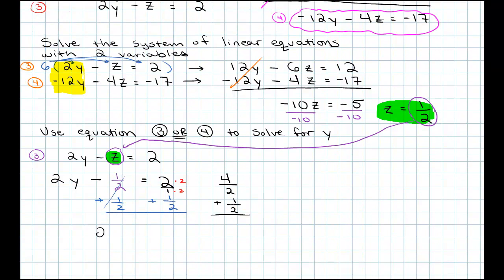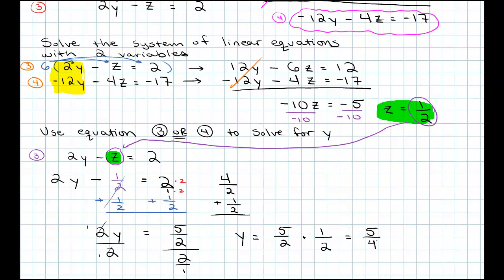So now we have 2y is equal to 5/2. Now I'm ready to divide both sides by 2. When I divide 5/2 by 2, I am actually going to multiply by the reciprocal. So y is going to be equal to 5/2 times the reciprocal of the divisor, which is 1/2. So 5/2 times 1/2 is going to give me 5/4.